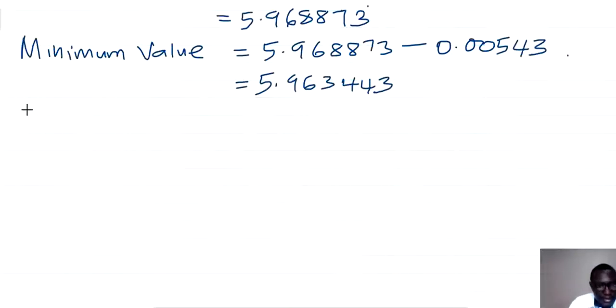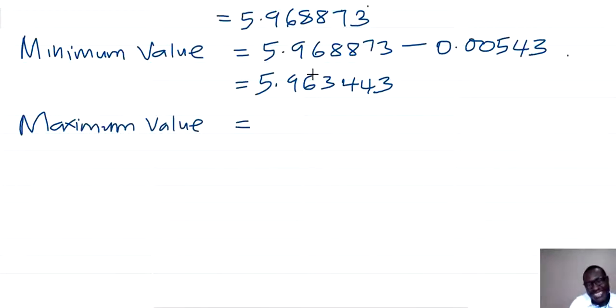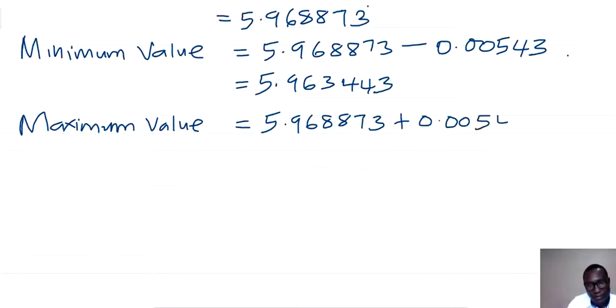The maximum value is equal to the exact value plus the maximum error: 5.968873 plus 0.00543, which gives 5.974303. This is our maximum value.